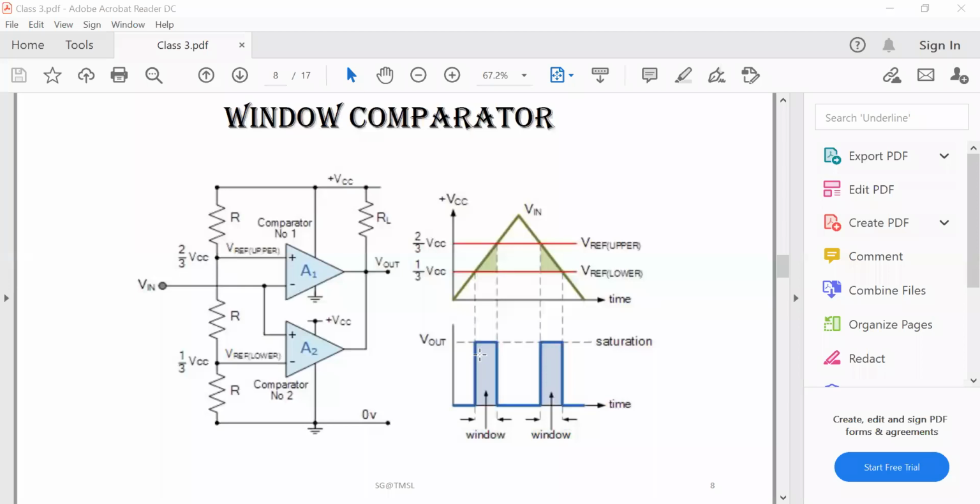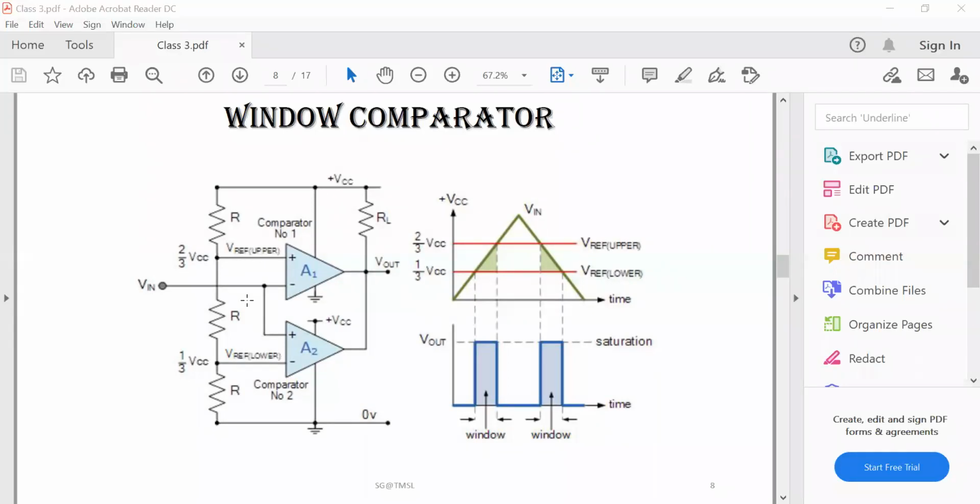Now assume that V in is at its maximum value, equal to VCC. As V in decreases, it passes the upper voltage level V reference of the second op-amp comparator, which switches the output high.